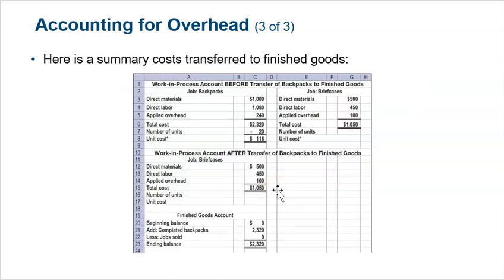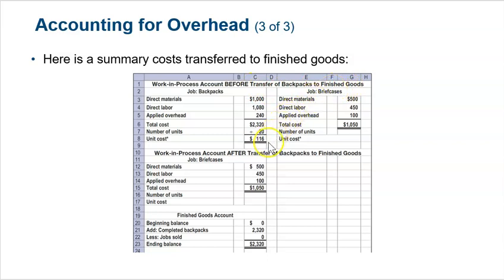Now, probably should have made this a little bit bigger, but if we look at this, we can see a couple of things going on. It says work in process before transfer of backpacks to finished goods.